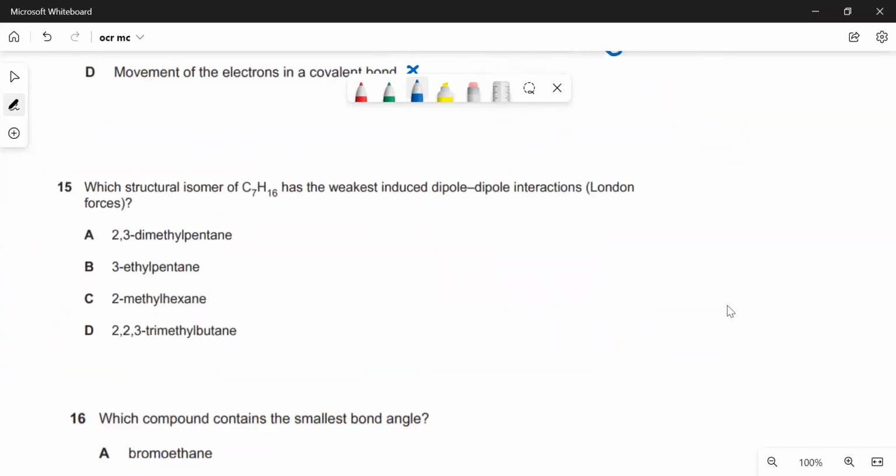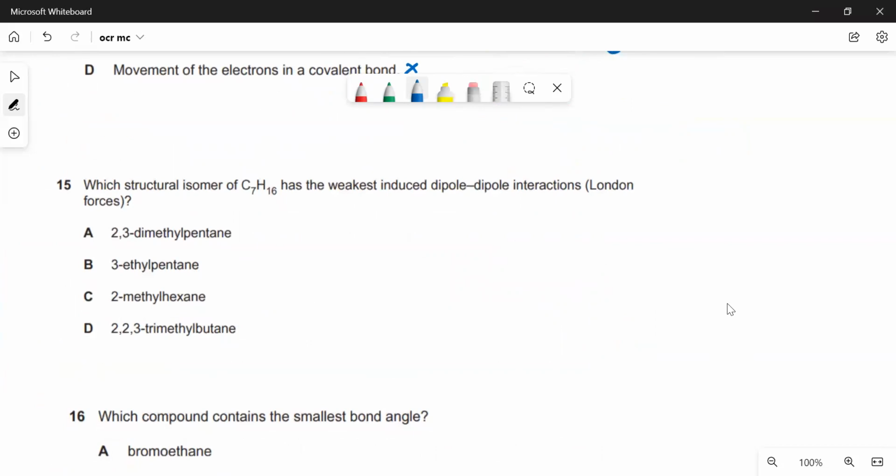15. Which structural isomer of C7H16 has the weakest induced dipole-dipole London forces? Okay, now it's going to be the most branched molecule, isn't it? Because if you think, let's say you've got heptane, 1, 2, 3, 4, 5, 6, 7.